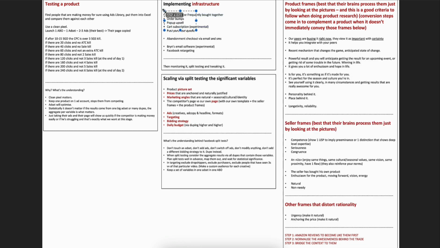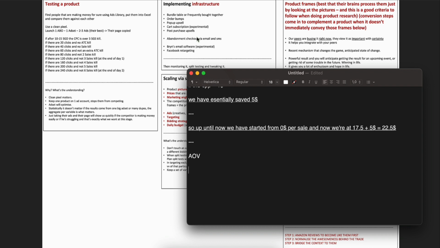So this one as well. We have seen in practice the minimum AOV we get after implementing all of those, like the bare minimum, right? So again, I'm very conservative, the AOV increases the selling price by 1.3 minimum, right?